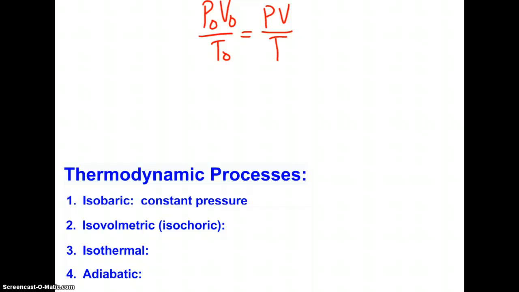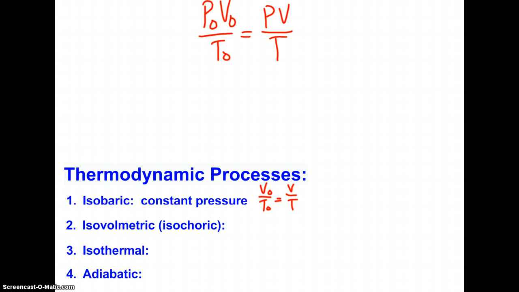So not a leap there for you to remember that isobaric is a thermodynamic process under which an ideal gas undergoes that process at constant pressure. If that's true, then we would have V0 over T0 equals V over T, since the pressure is the same on both sides and would cancel.